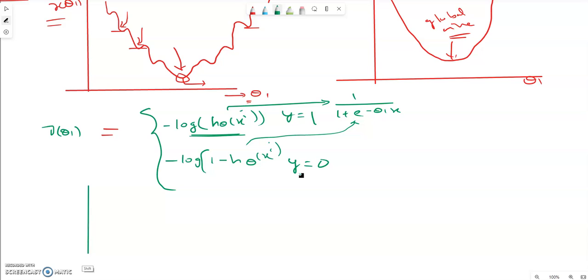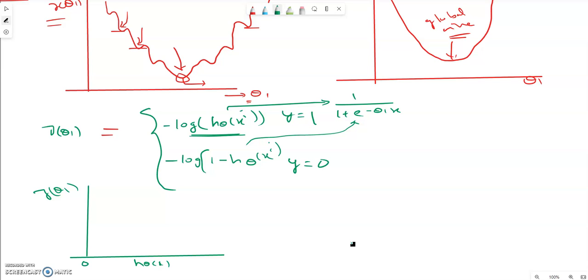Not a gradient descent graph, but simply the logistic regression graph, with respect to my cost function j theta 1, and with respect to my hypothesis h theta of x.